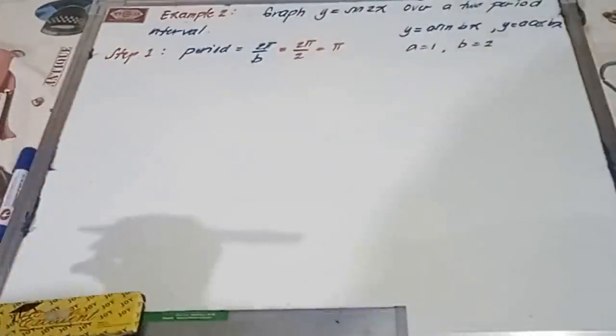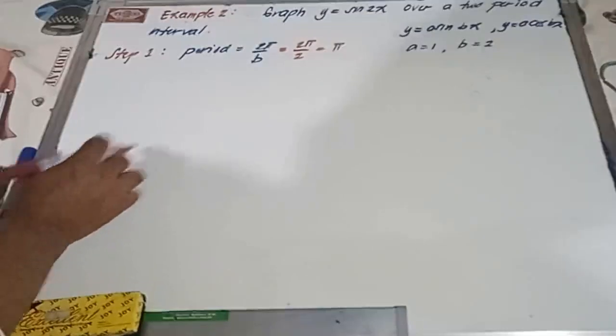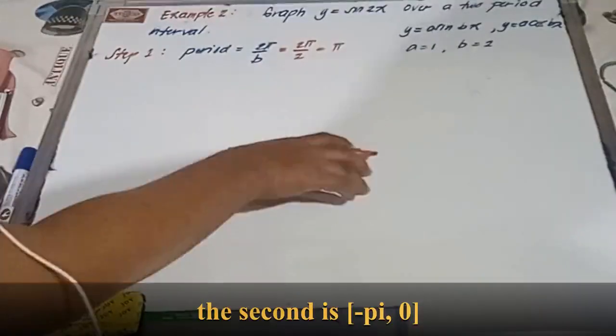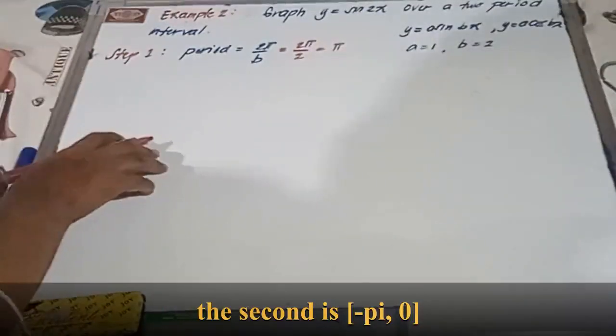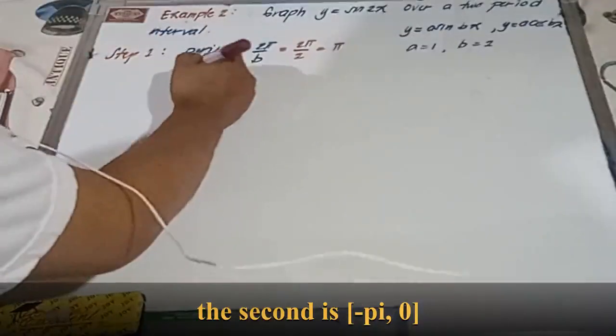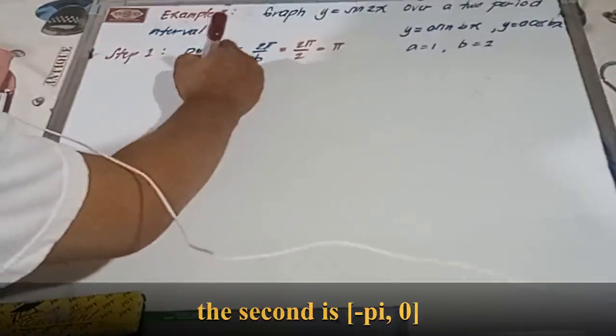Okay. So, makatwid, ang isang period natin o isang interval natin is from 0 to pi. The next will be pi to 2 pi. On the other side of the y-axis, from 0 to negative pi or negative pi to 0.